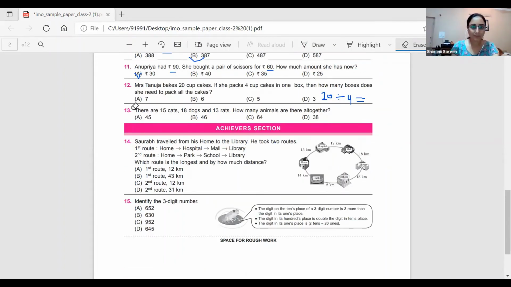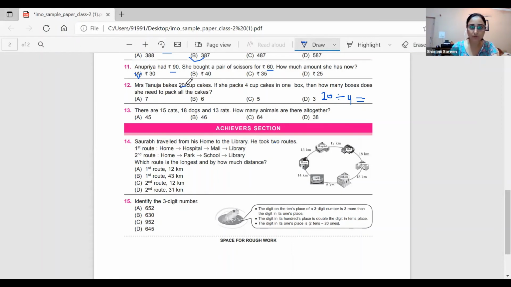Mrs. Tanuja bakes 20 cupcakes. If she packs 4 cupcakes in one box, then how many boxes does she need to pack all the cakes? To solve these types of questions, we need to do division.